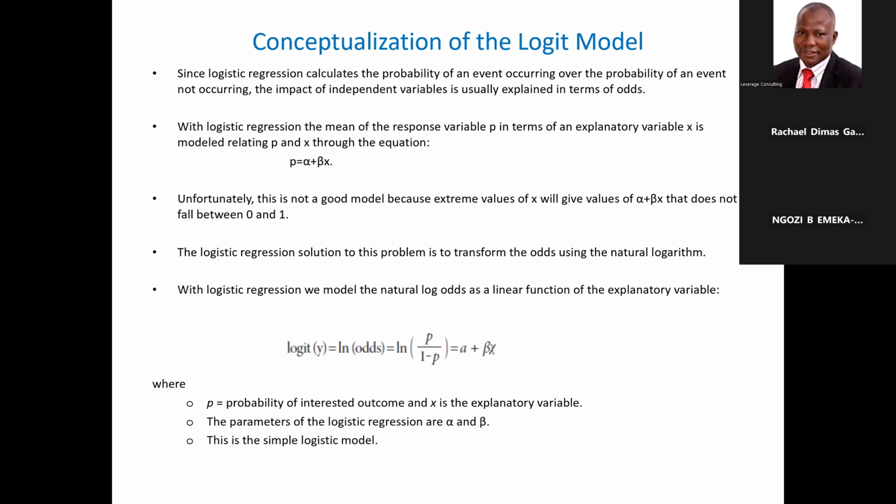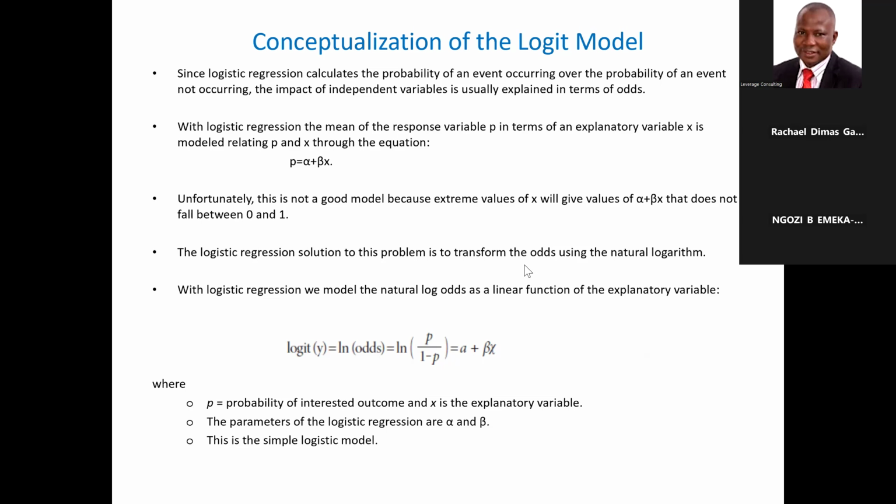With logistic regression, we model the natural log odds as a linear function of the explanatory variable. Look at the logit. The logit means the natural logarithm of odds, which is the same thing as the natural logarithm of p over 1 minus p.